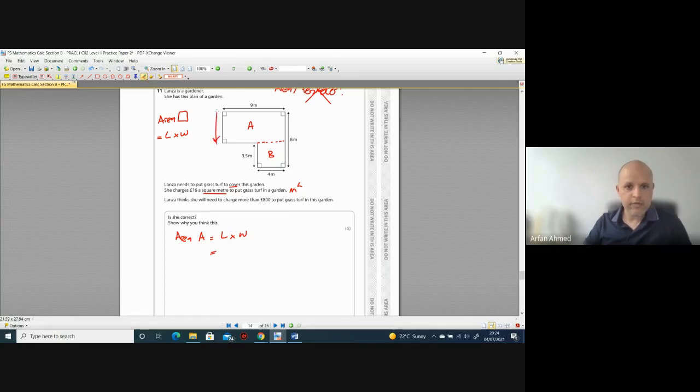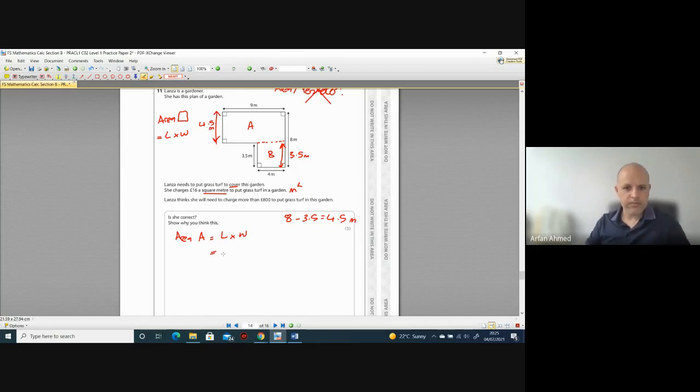If it's 8 all the way here, and it's 3.5 on that side, it's got to be 3.5 from there to there as well, which I don't need. So it's 8 take away 3.5, which I can see is 4.5 meters. So this is 4.5 meters.